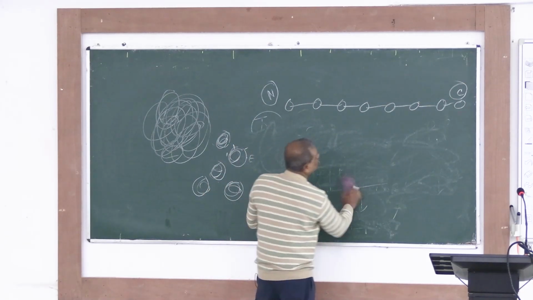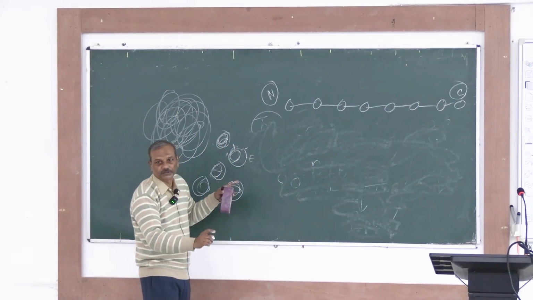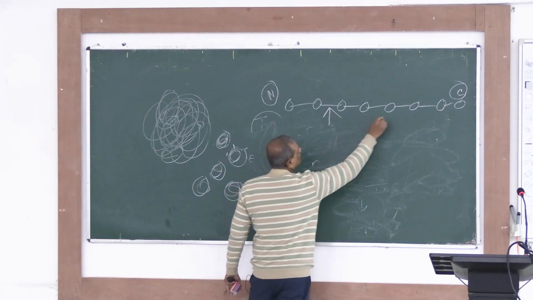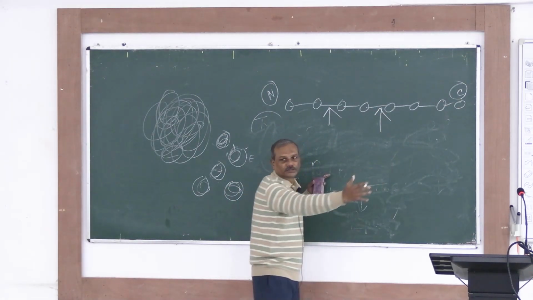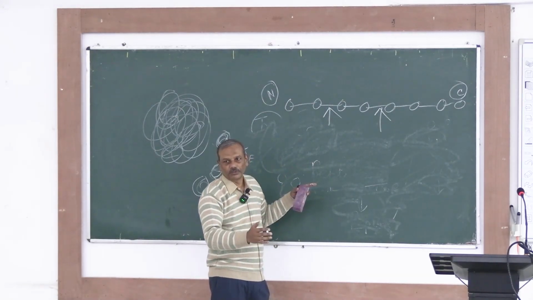So, there are bonds. First and foremost, this polypeptide chain has to be broken into smaller fragments. How can we do that? These internal bonds have to be broken at multiple points so that the polypeptide chain will be broken down.